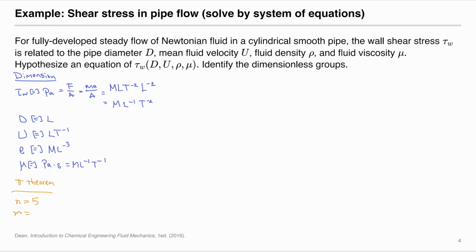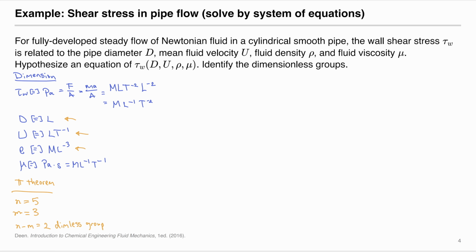Here we can choose the independent dimensions as L, something that relates to T, and something that relates to M. Mu and tau can be rewritten, are dependent on D, U, and ρ. So m is equal to 3. That gives us n minus m is 2 dimensionless groups that we can identify.